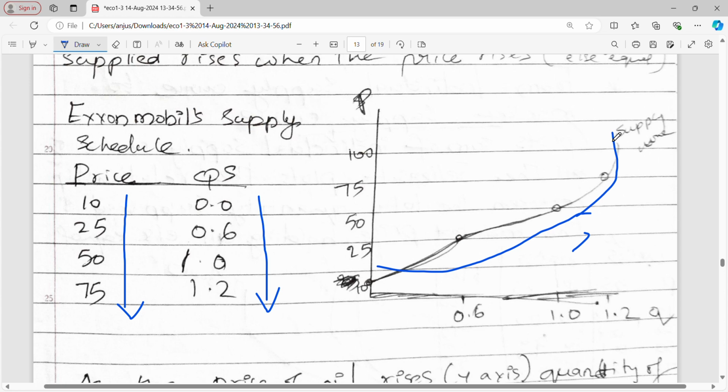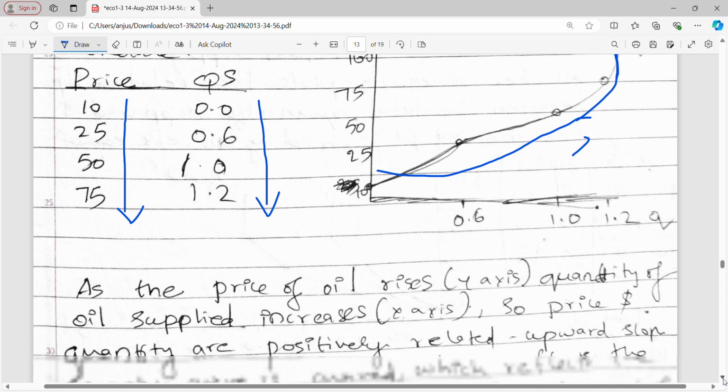They experience scarcity because ExxonMobil owns only a limited amount of oil reserves and finds it more and more difficult to expand production as the quantity supplied rises. Scarcity of resources is the reason for the curve in the upward sloping supply curve.